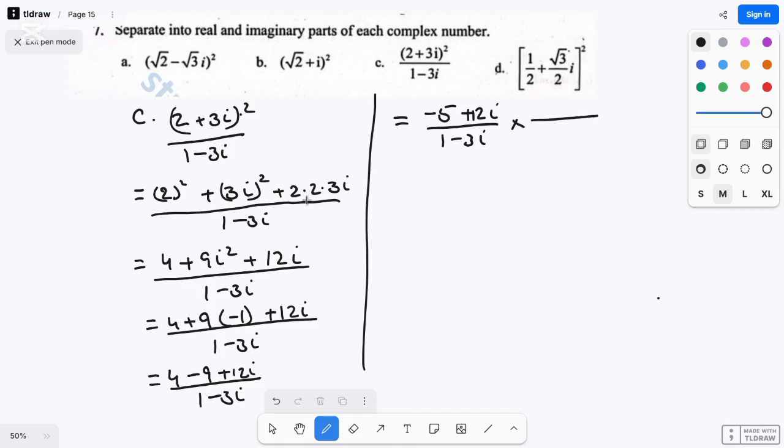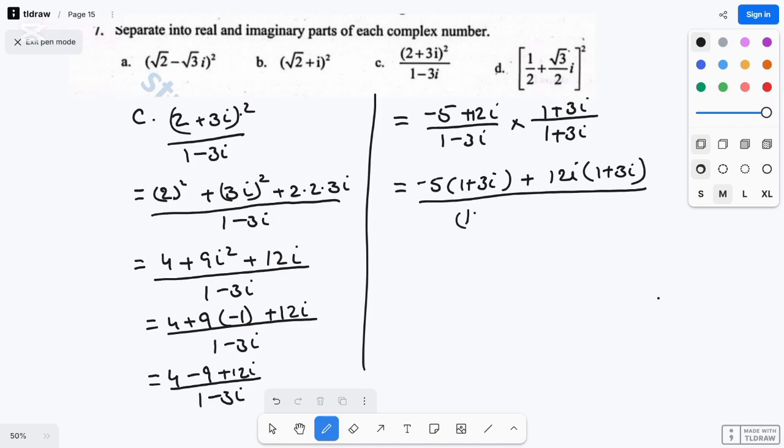Multiply by the conjugate pair, that is (1 + 3 iota) divided by (1 + 3 iota). This equals -5 into (1 + 3 iota) plus 12 iota into (1 + 3 iota), divided by the square of the first term minus the square of the second term.